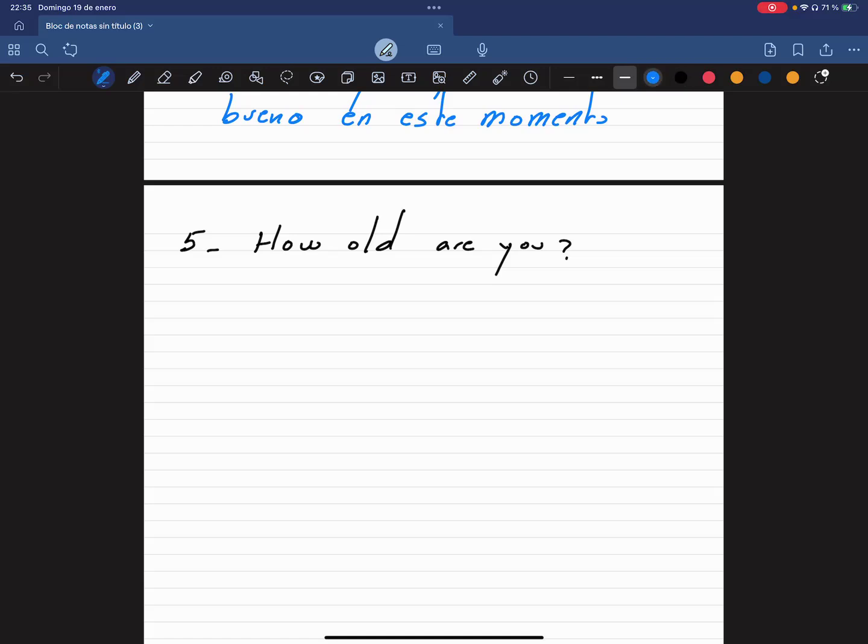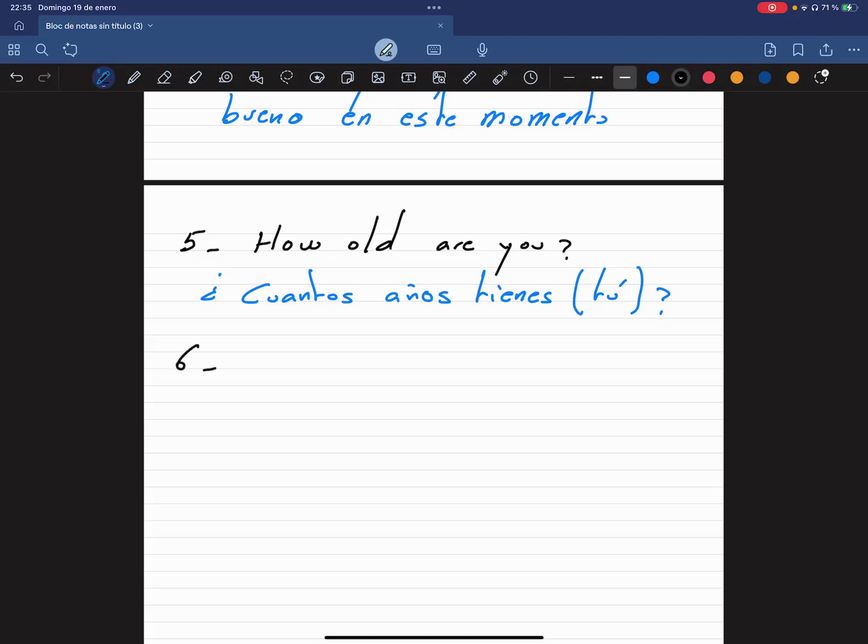So we say ¿cuántos años tienes tú? You can say that too or not. That's up to you. ¿Cuántos años tienes? O ¿cuántos años tienes tú? How old are you?